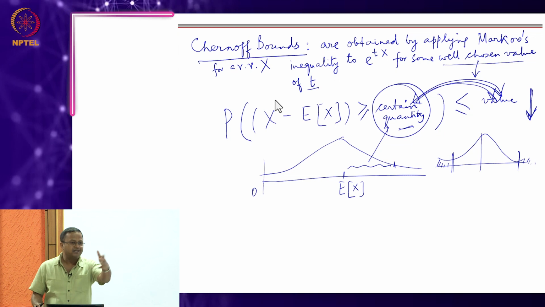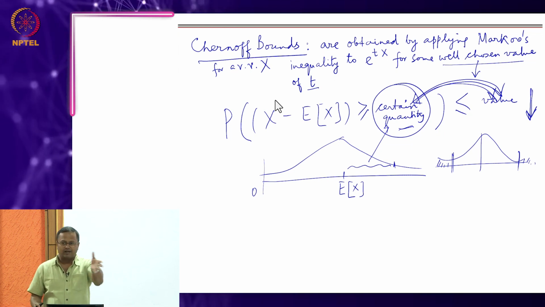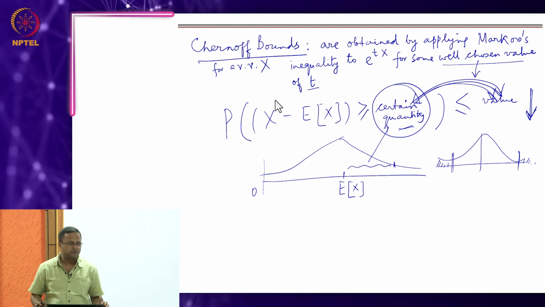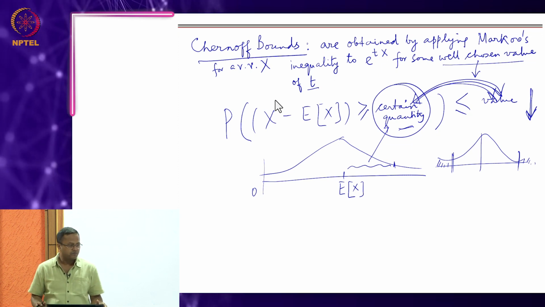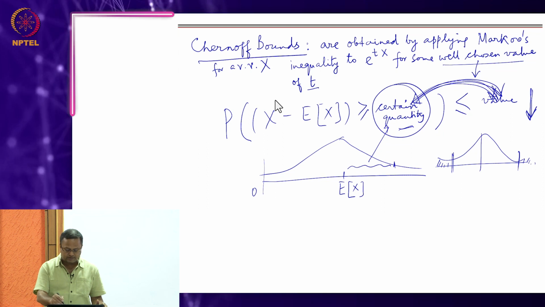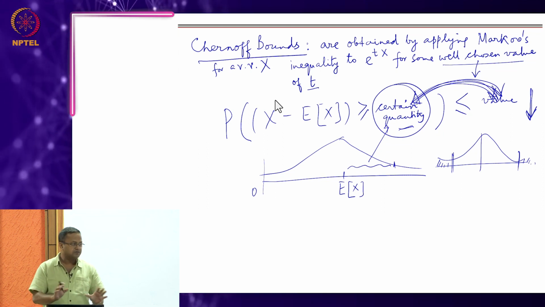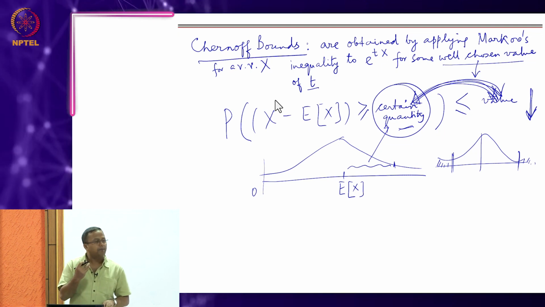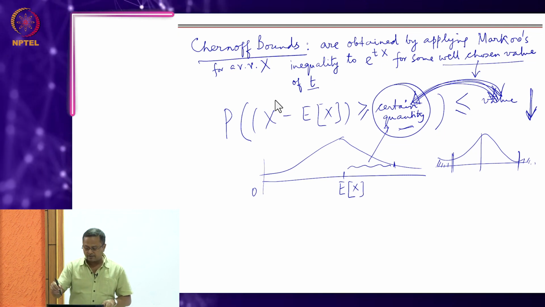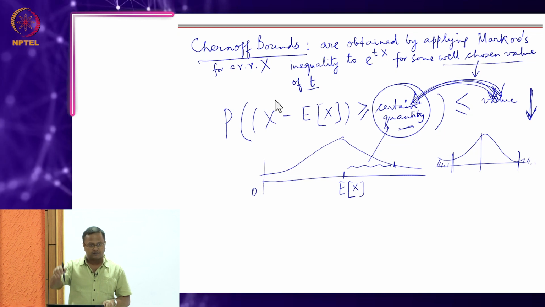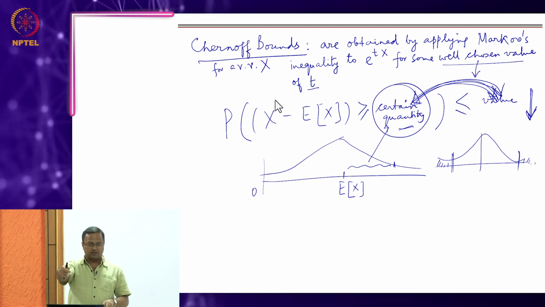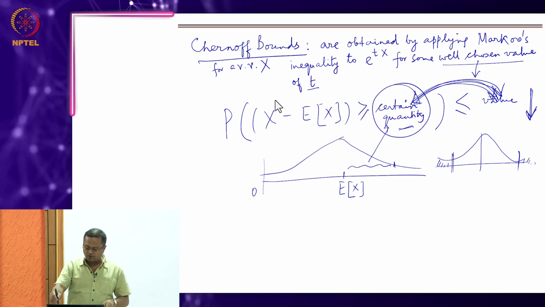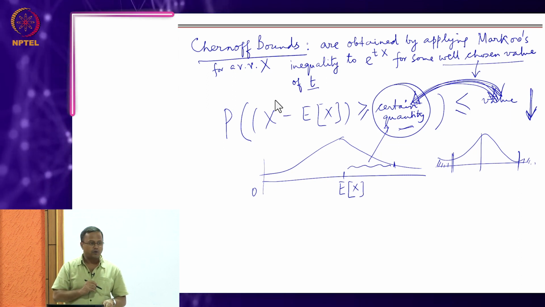You now know that 99 point something percent of the mass lies within the plus minus 3 sigma limit. So, this quantity and this quantity are interrelated. Sometimes your application requires you to fix the probability, this upper bound, to a certain value. Then that would drive this quantity.